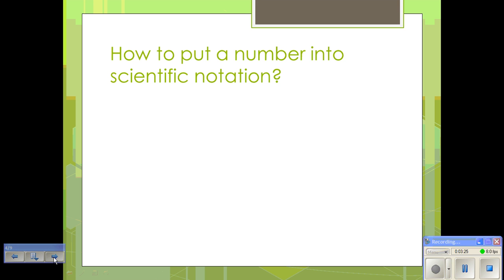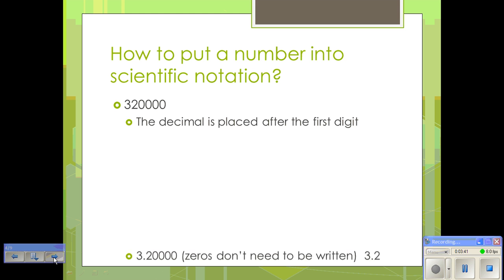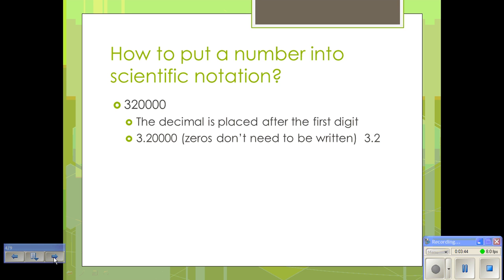To put a number into scientific notation, you're always going to have the decimal after the first digit. For standard form, there can only be one digit in front of the decimal. And then all the zeros that are there, we don't have to write, so we can just write the number 3.2. Then we add the times 10, and we need to think, is this number that we're trying to put into scientific notation larger or smaller than 1?